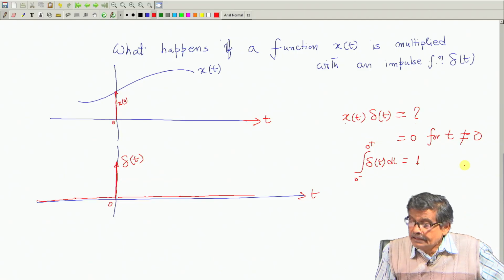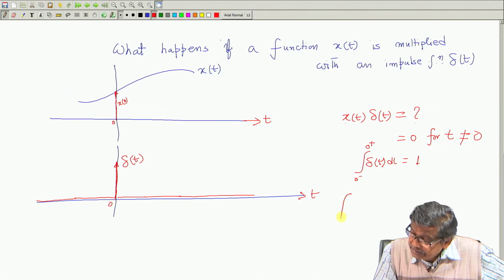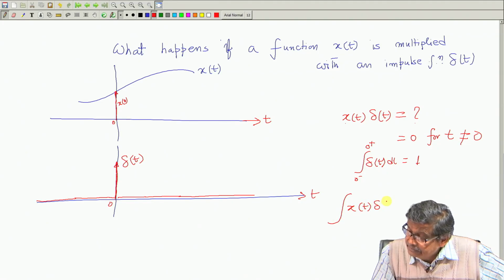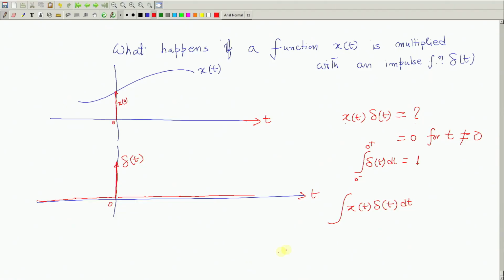This much I know. Therefore, let us try to see the integral of x(t) multiplied by delta(t) dt, and concentrate upon what it will give. Definitely the value of x(t) at t equal to 0 minus, at t equal to 0 plus, and at t equal to 0 are one and the same thing for any well behaved function.